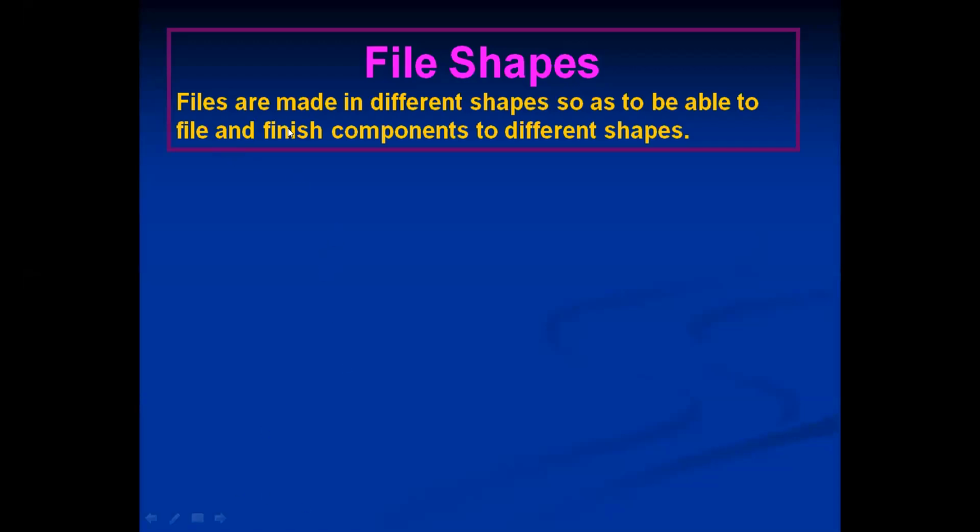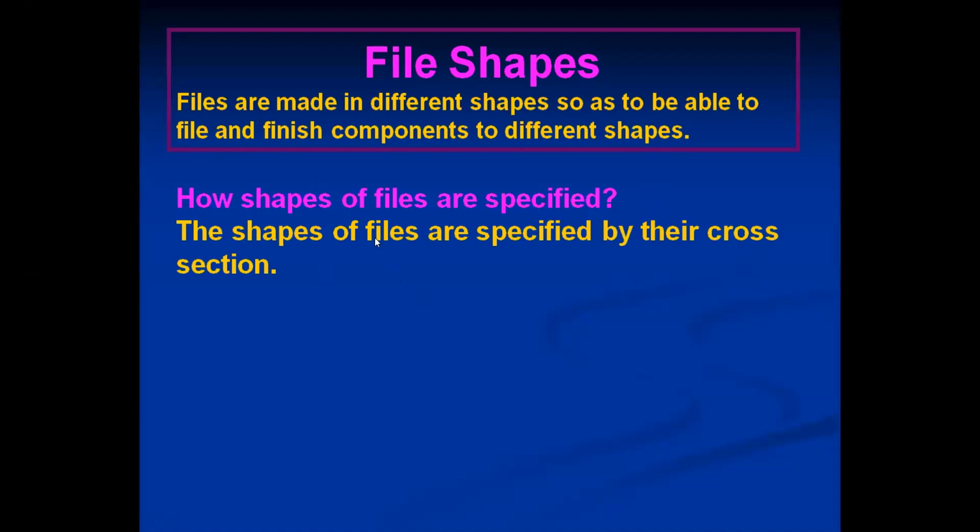Now, how are the shapes of files specified? The shapes of files are specified by their cross section.